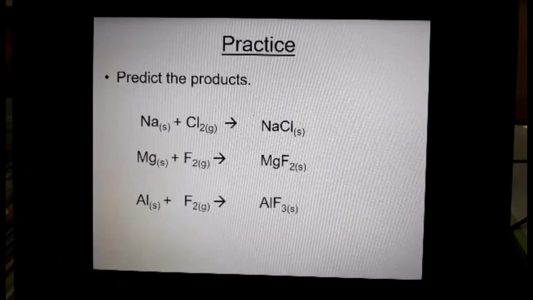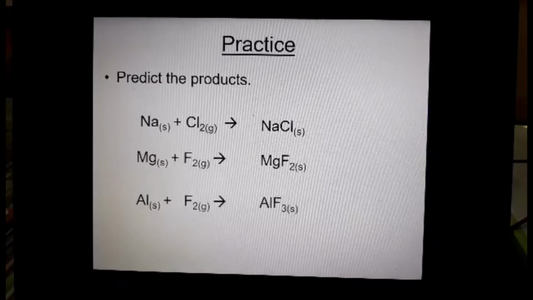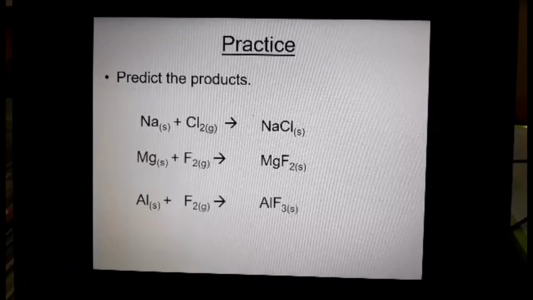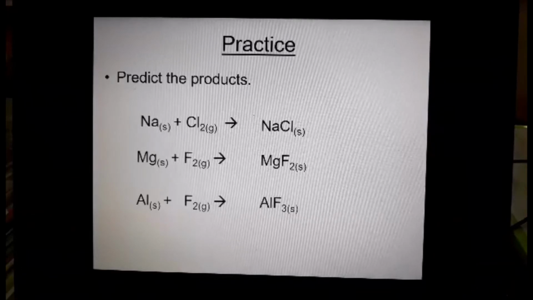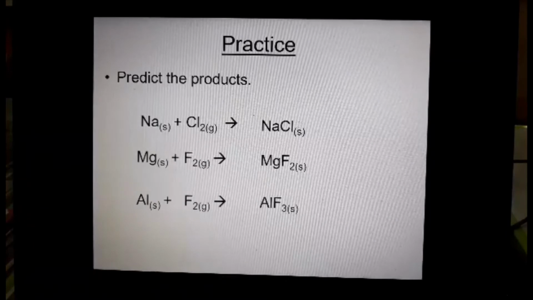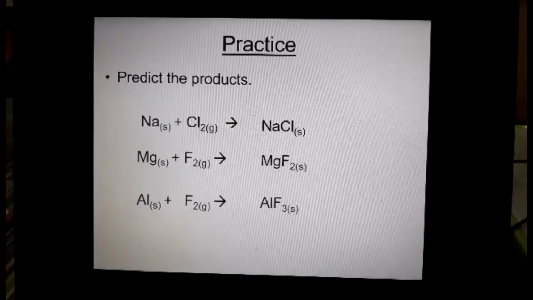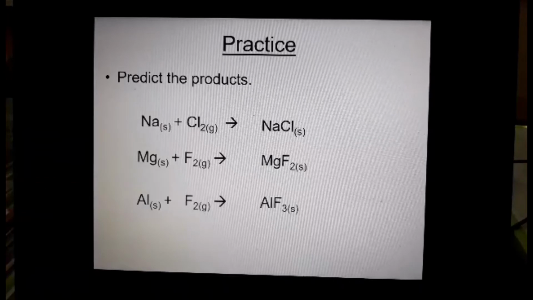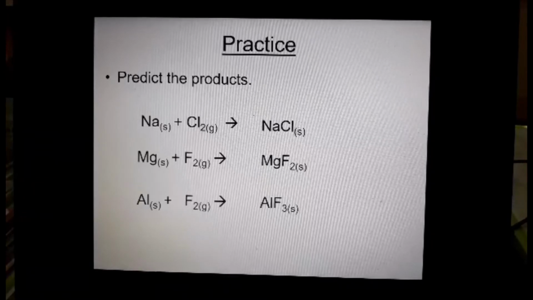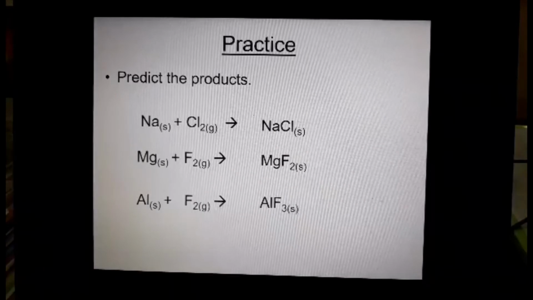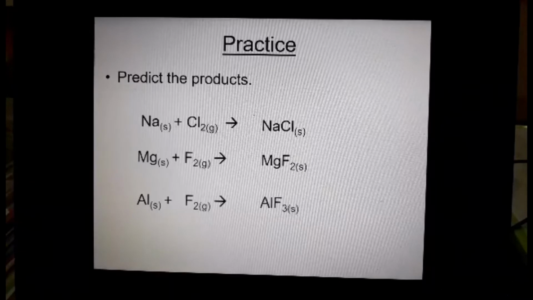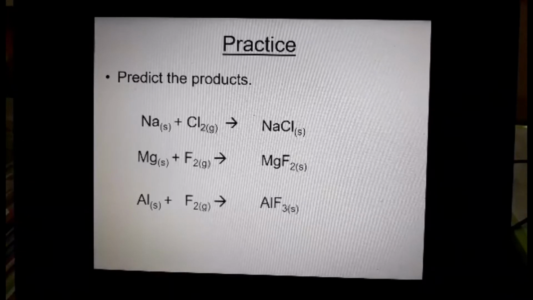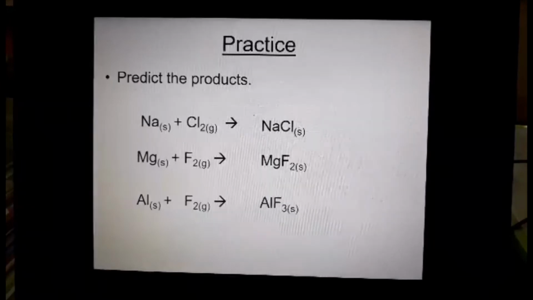In example number 2, the oxidation number of magnesium is positive 2, and the oxidation number of fluorine is negative 1. So crisscross, we have MgF2. And in example number 3, we have Al plus F2. The oxidation number of aluminum is positive 3 and fluorine is negative 1. So crisscross, the product is AlF3. That is the example for the synthesis reaction.